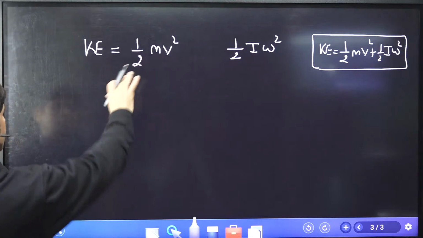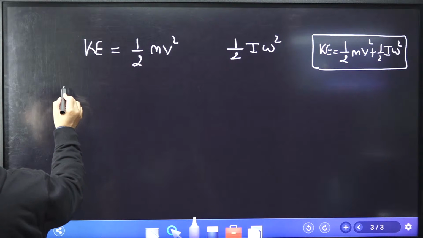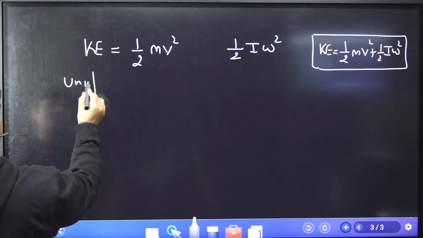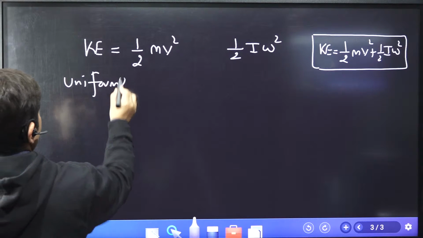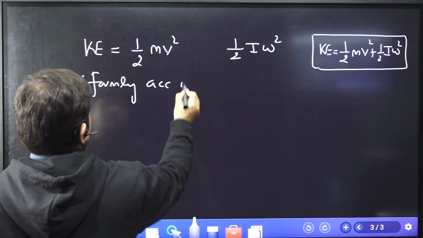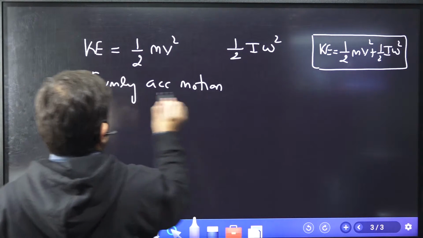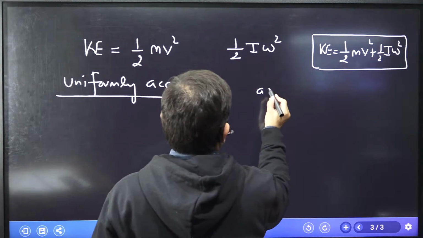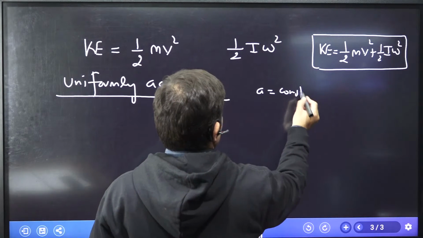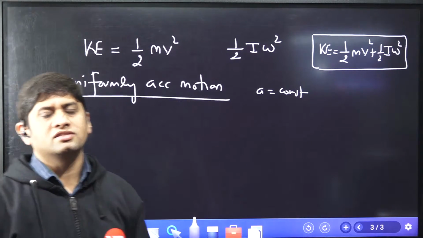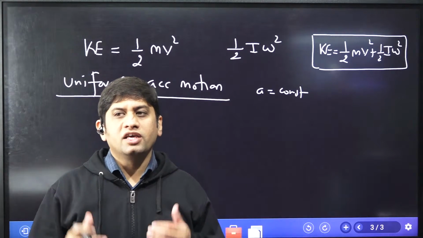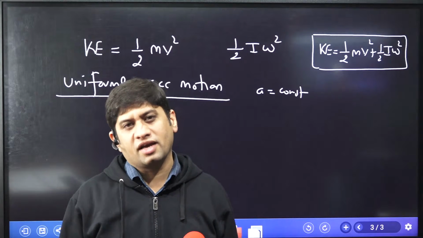Now the last topic which is of importance in analogy is uniformly accelerated motion. Uniformly accelerated motion is that motion in which a remains constant. In school days, you have studied the equations of motion for uniformly accelerated motion.